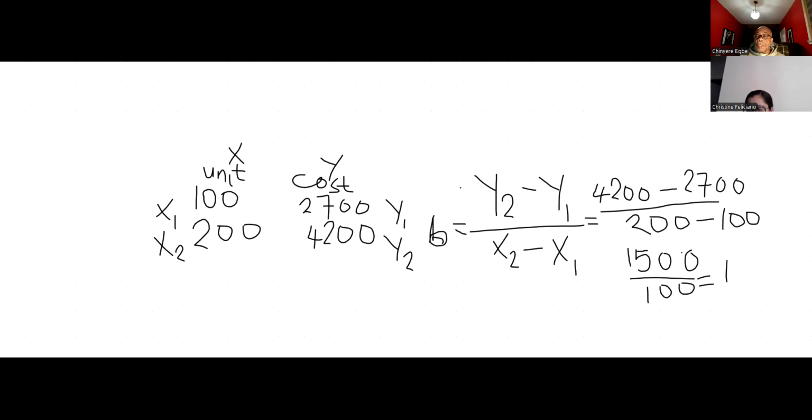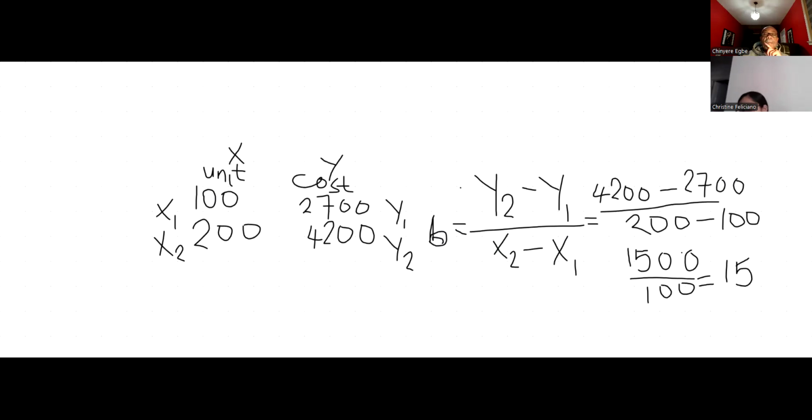So this rate of change is 15, and that is your unit cost. Because each time you increase the units, the number you produce, by 1, then the cost will increase by 15. You get it?